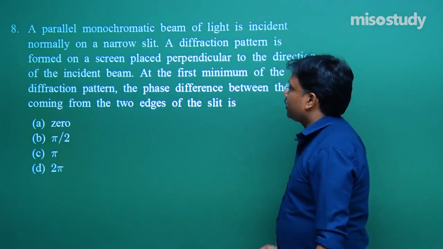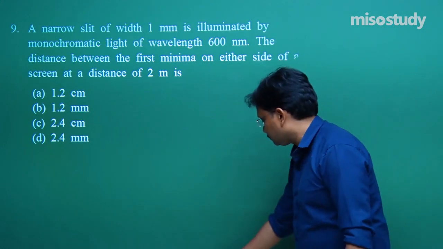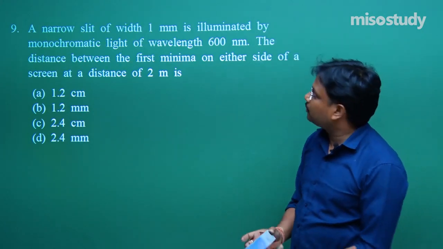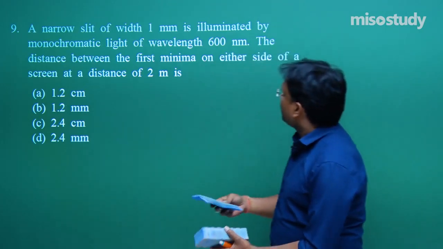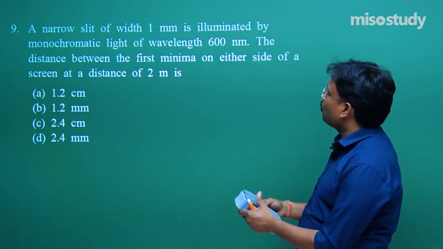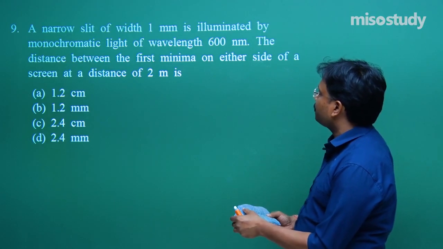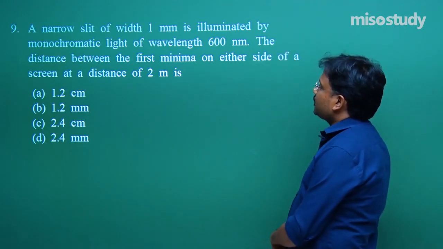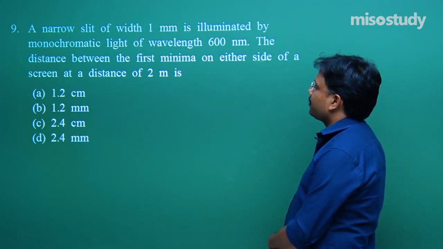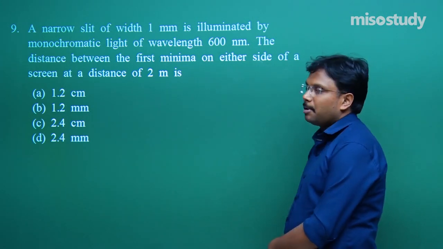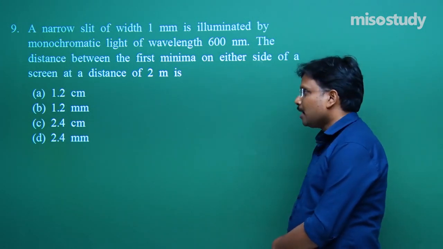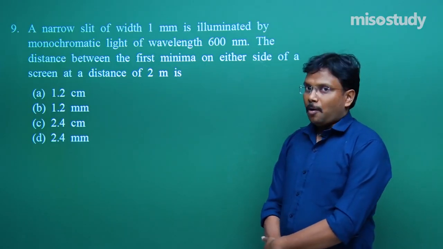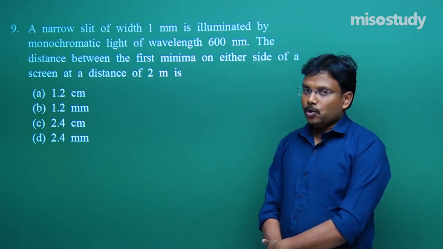Here comes your question number 9. A narrow slit of width 1 mm is illuminated by monochromatic light of wavelength 600 nanometer. The distance between the first minima on either side of a screen at a distance of 2 mm is how much? Now, listen one of my suggestion. Stop this video and try yourself.